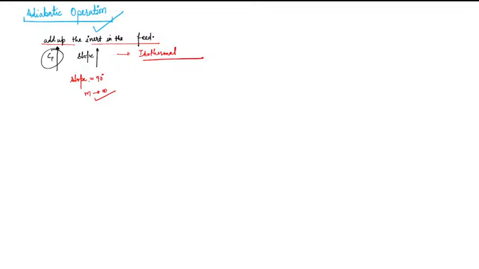As we add the inert, Cp increases. Whatever heat is liberated, it will absorb that heat. As we are adding the inert, whose temperature is low, it absorbs the heat you are giving, and the temperature will be maintained isothermally.